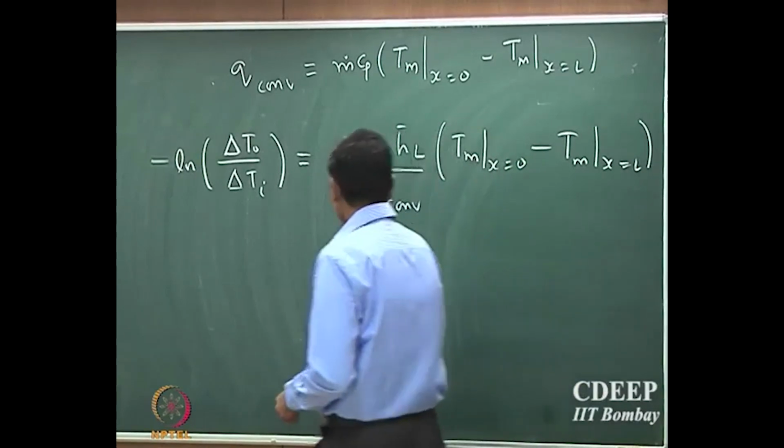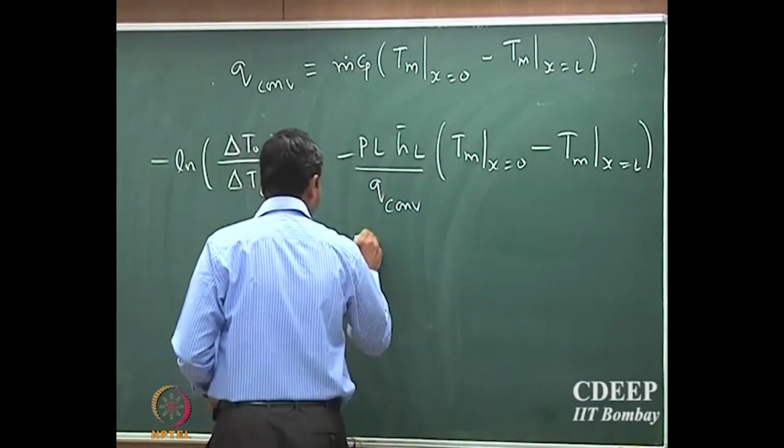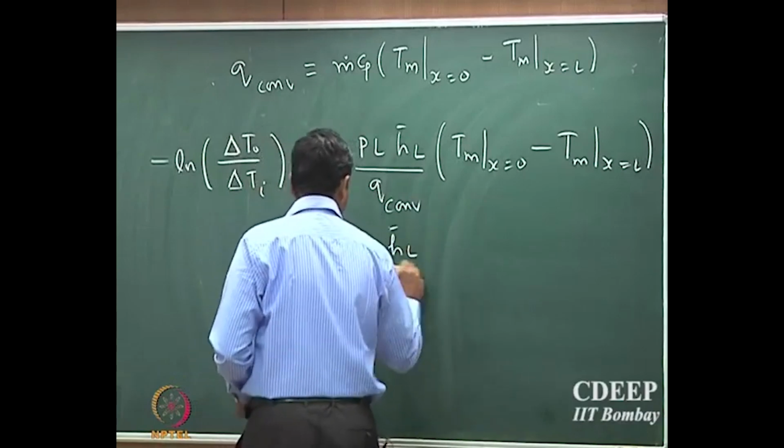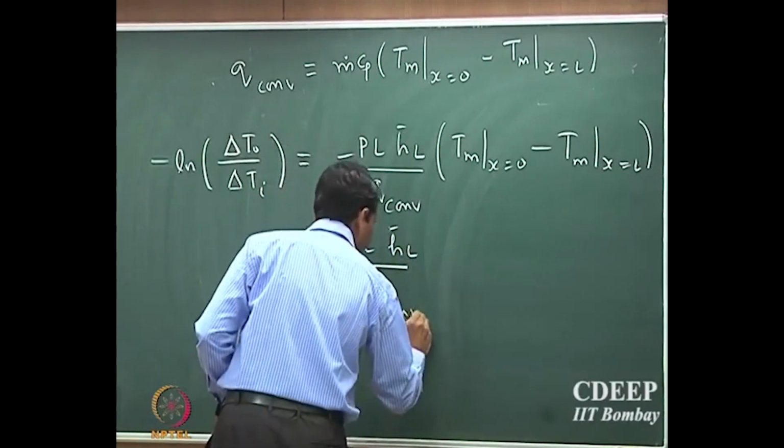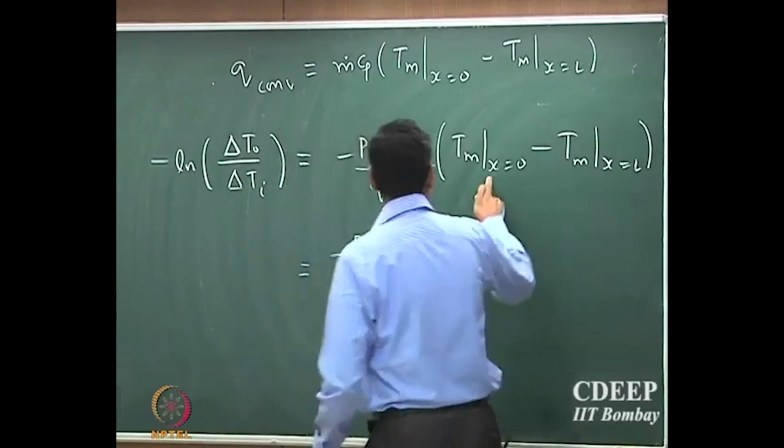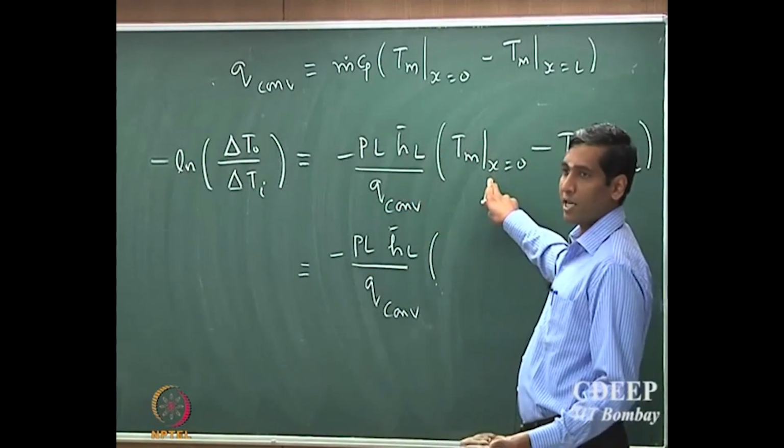So, I can rewrite this as minus PL H bar L over Q convection. So, I can add and subtract a surface temperature term here.